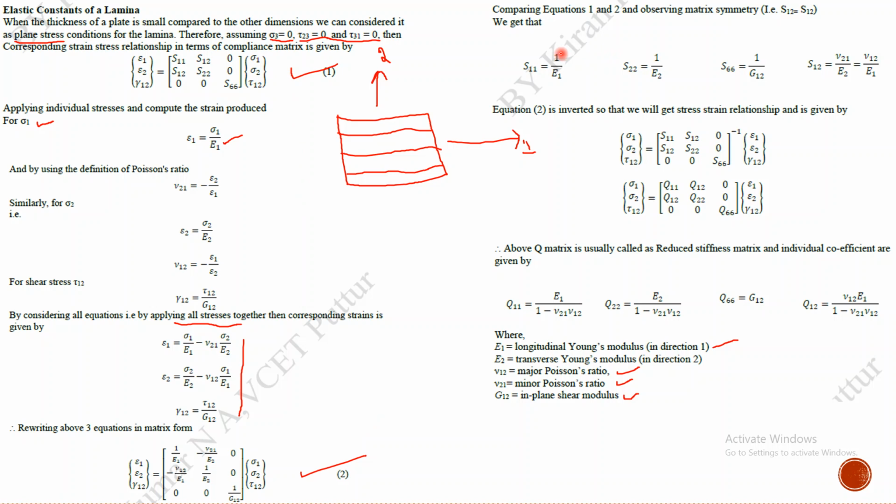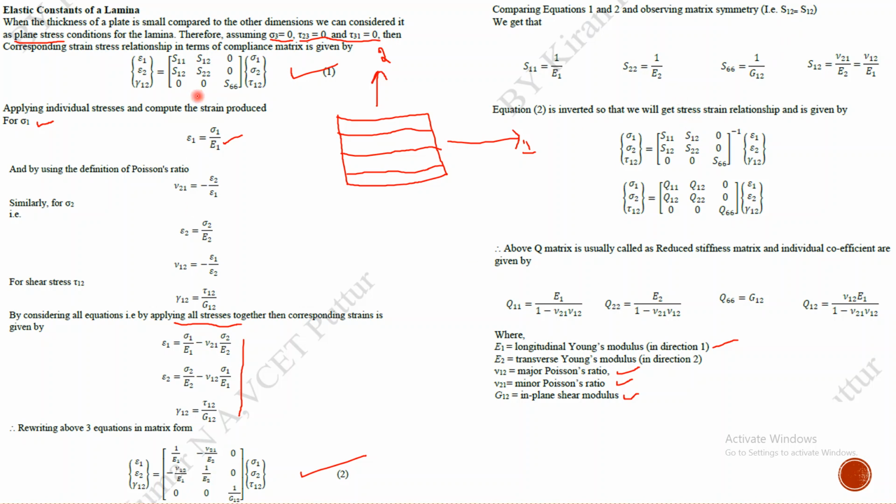Then the individual coefficients will be equal. That is, S11 is equal to 1 divided by E1. S12 is equal to minus nu 21 divided by E2 and nu 12 divided by E1, because they are symmetrical. The sign we are not going to include here. And 1 divided by G12 is equal to S66.